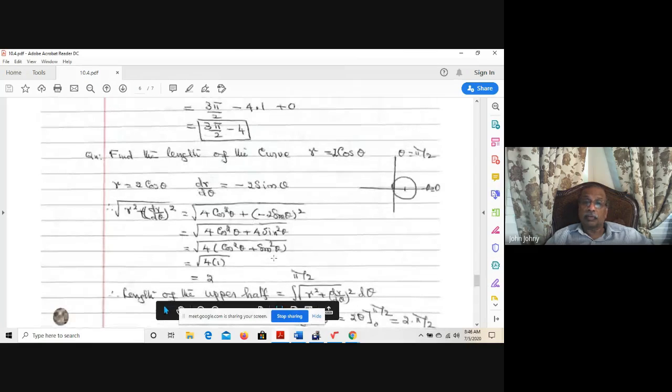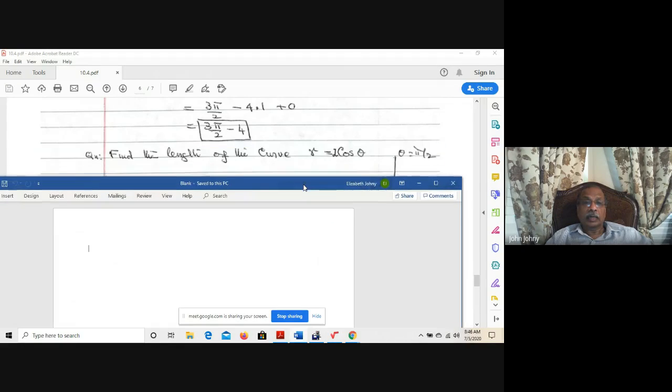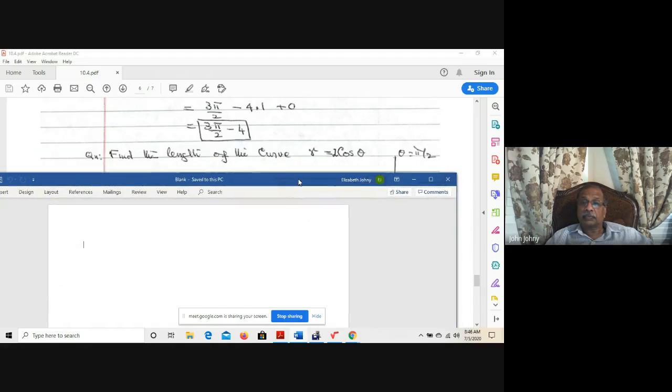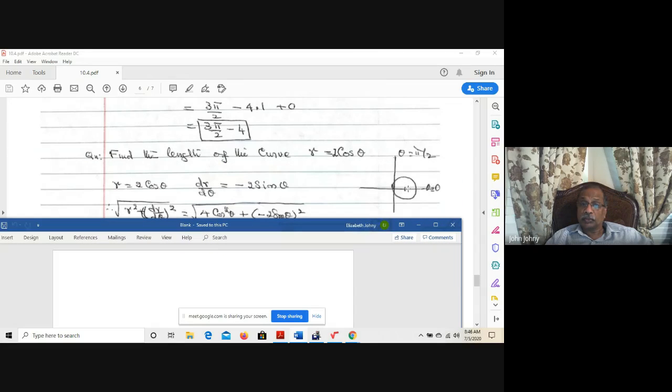Yes, we are finding the upper half. So find the length of the curve r is equal to 2 cos theta. And so remember theta varies from 0 to pi. But if it is 0 to pi over 2, it is the upper half. So we are going to find out the upper half first. R is equal to 2 cos theta.